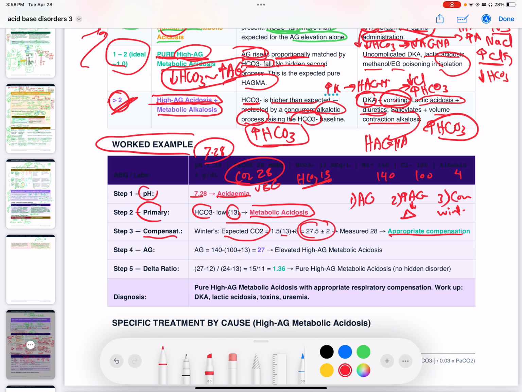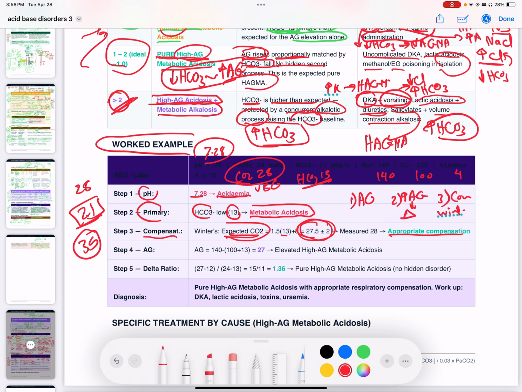But theoretically, let's say the CO2 instead of 28 is 21 or 35. If 21, that means it's less than what's expected, so that means there's concurrent respiratory alkalosis. If it's 35, that's higher than the expected CO2 range, that means there is respiratory acidosis.